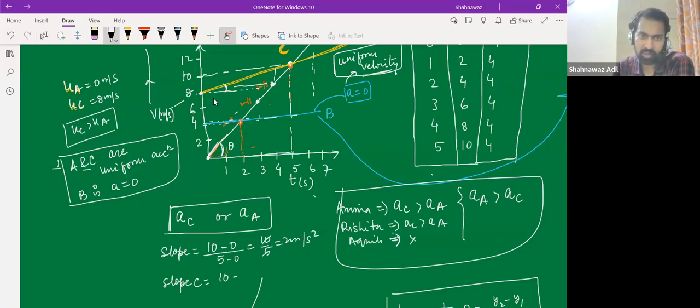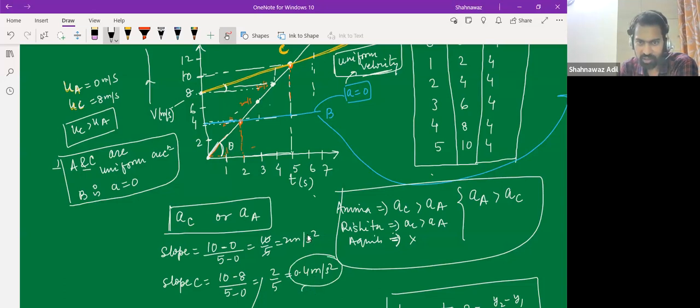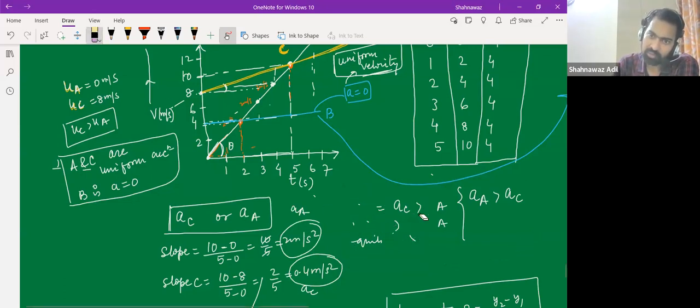So 10 minus how much for C? 10 minus 8, right? 10 minus 8 and 5 minus 0. So this is 2 by 5, which is 0.4 meters per second squared. So you can see that this acceleration is AC and this is AA. So we can tell that the acceleration of A is bigger.